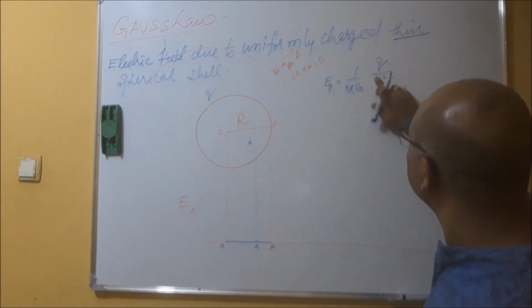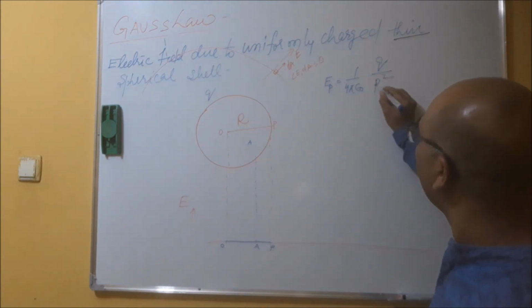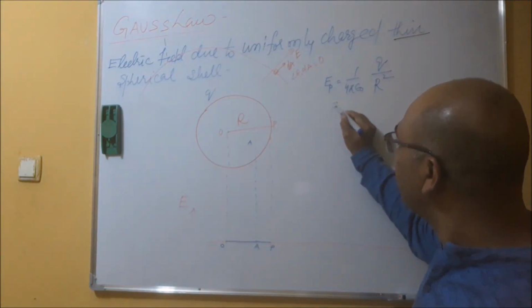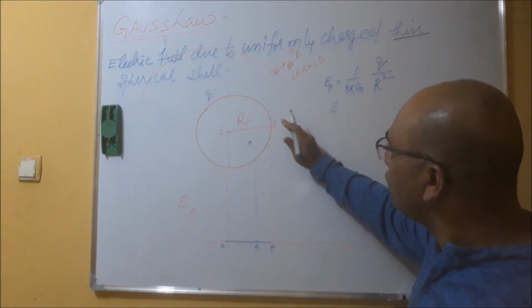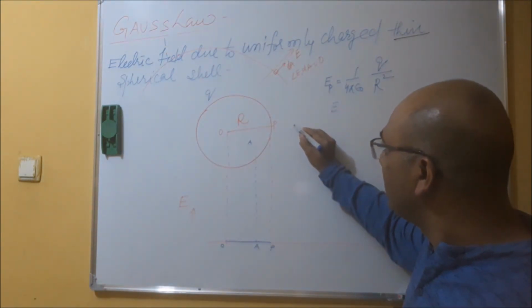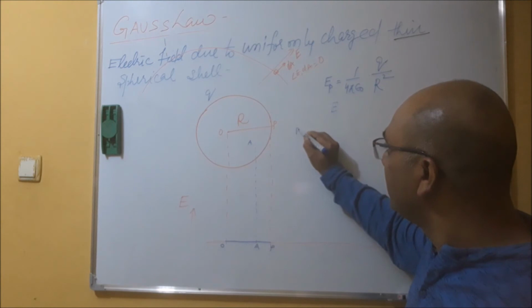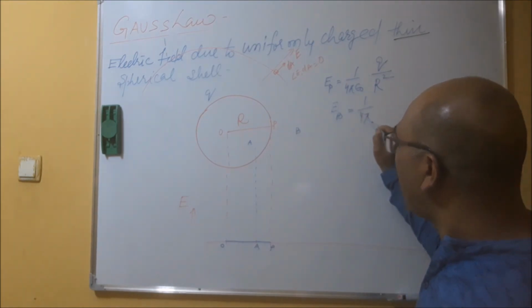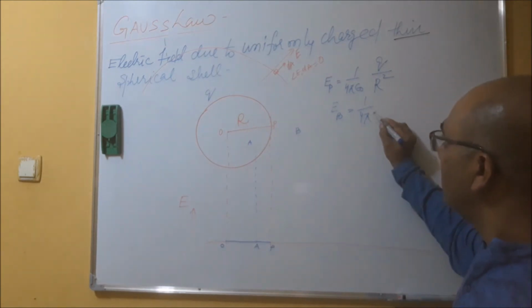After this point P, when we go away, suppose I use this point B, which is any point outside of this shell.